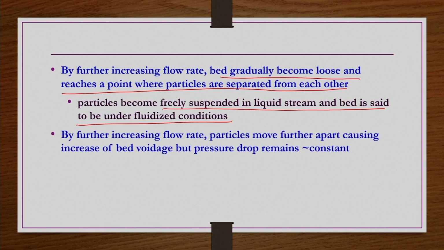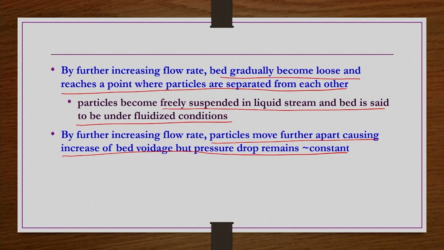Okay. By further increasing the flow rate, particles move further apart and the bed voidage increases, but the pressure drop remains constant. Pressure drop almost remains constant, because after reaching certain minimum fluidization conditions, whatever the velocity increase, bed voidage increases, but the pressure drop does not change.